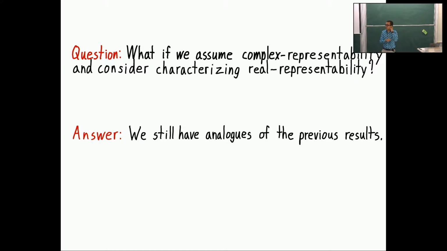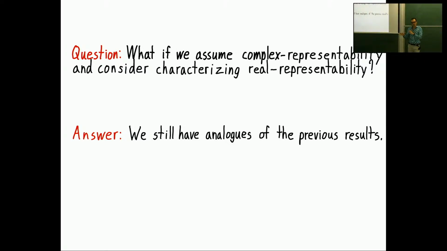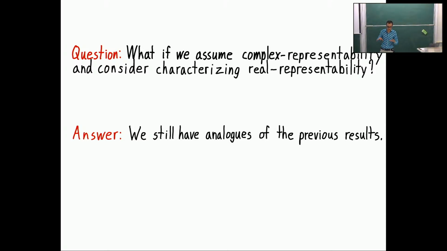There are some interesting questions I still want to think about from this perspective. If you have a complex representation, maybe you can do a combination of certain things, but at this point it's only asking, I know it's complex representable and I'm given access to query certain subsets and ask whether they are independent.